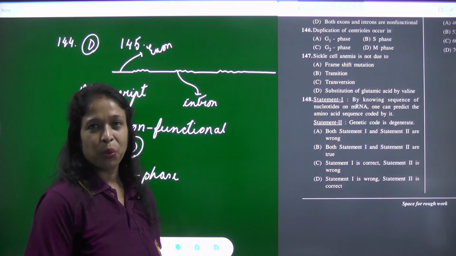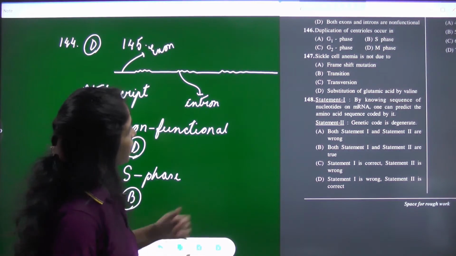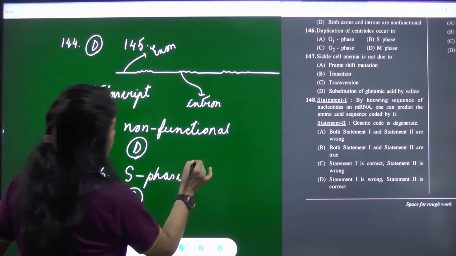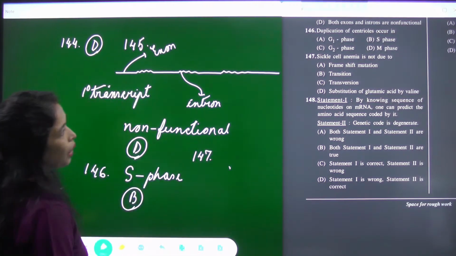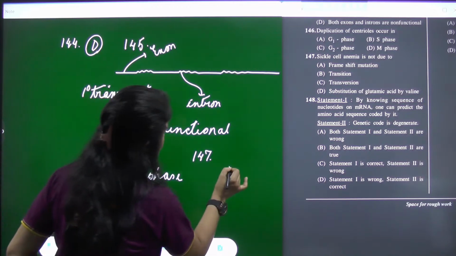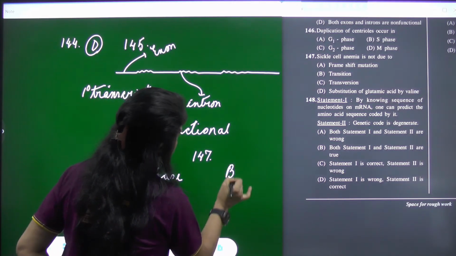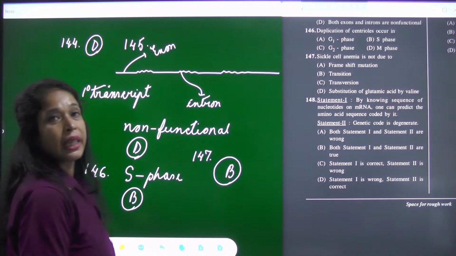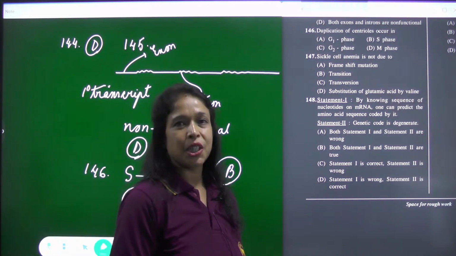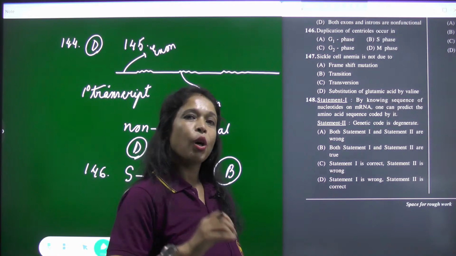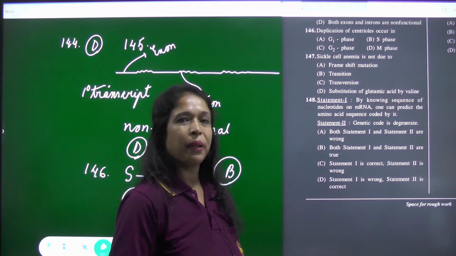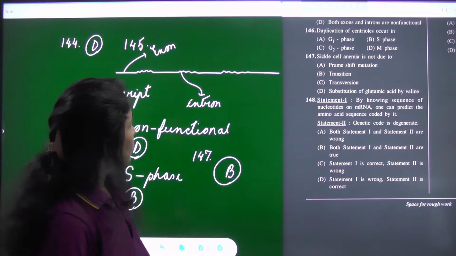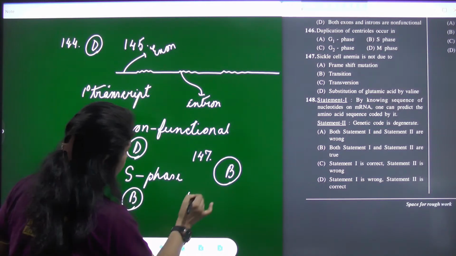It's an example of what? Transversion, substitution. So for 147, the answer is B. Sickle cell anemia is not an example of transition. Here a purine base is not replaced by a purine; a pyrimidine is replaced by a purine base. So 147 is B.